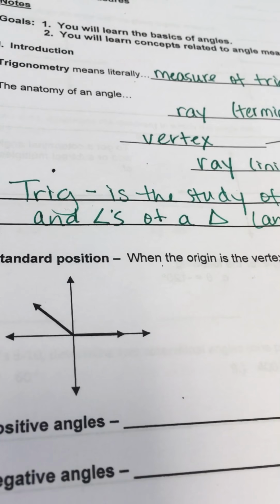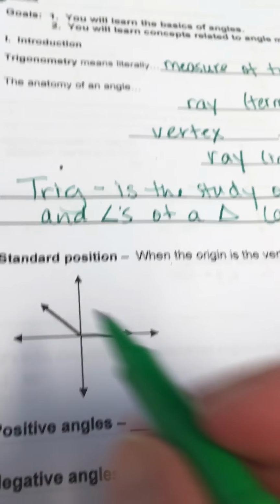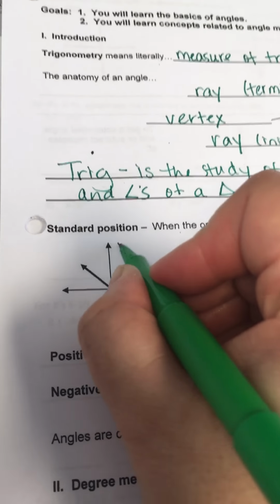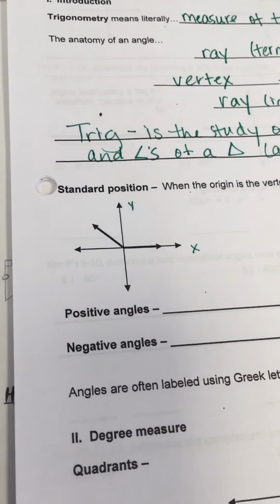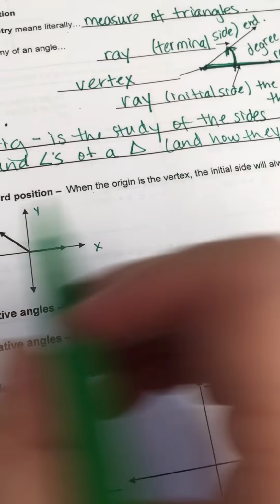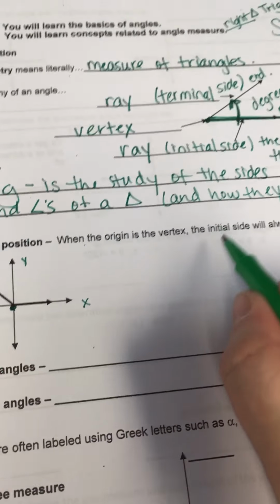All right, so like I said, we're going to start doing them when they are in a circle. So here we talk about the x-axis. We have the x-axis and the y-axis, like you've originally seen when you've done graphing. Standard position is when the origin is the vertex, so the angle is made there.